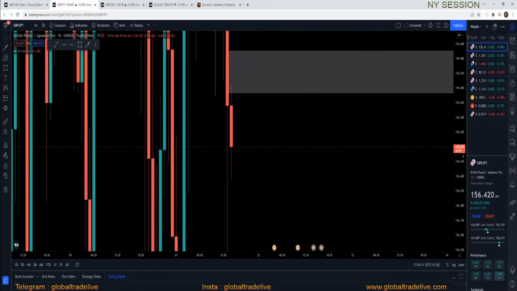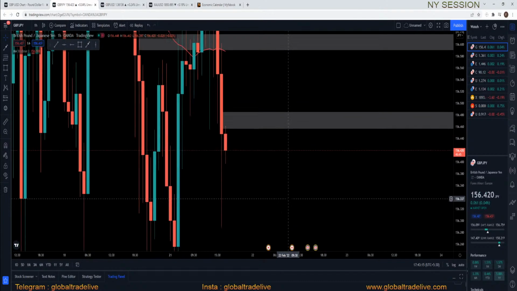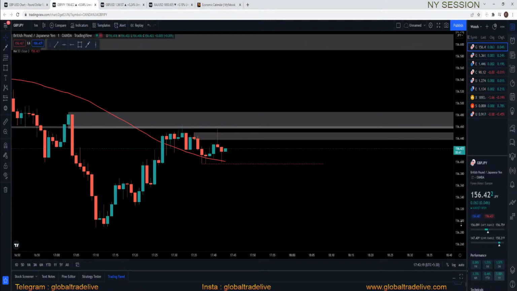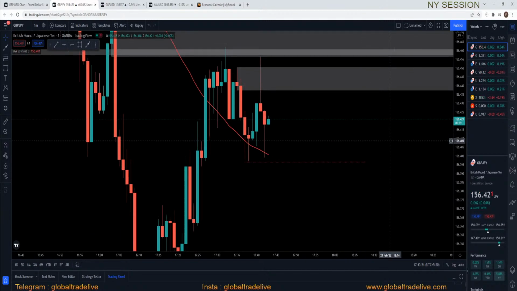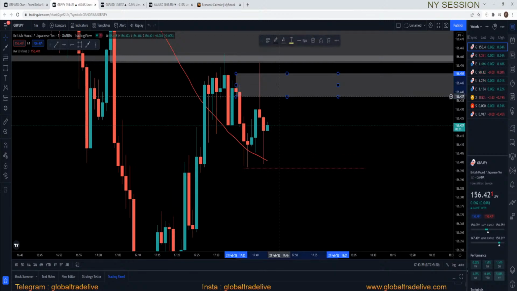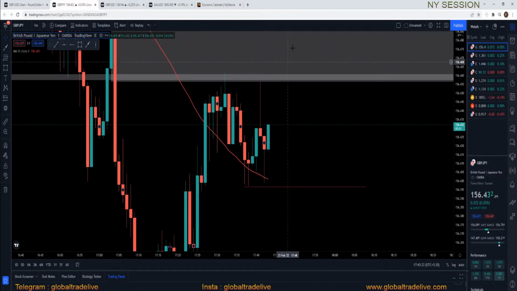But now what I'm thinking is, from here this candle will be moving down, and if that's the case, now I'm gonna wait for the market to enter this area or cross below this area.